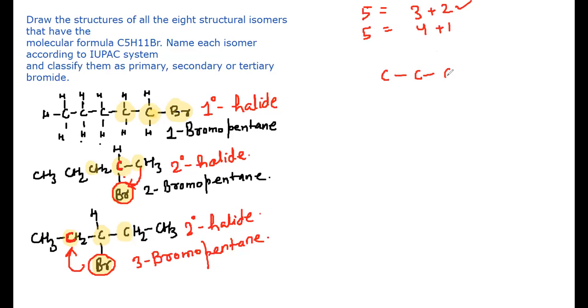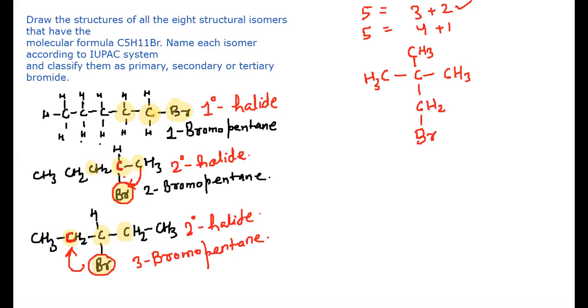1, 2, 3, 4 and 5. So this is CH3, CH3, CH3. Here I will give one CH2 and I will attach one bromine.